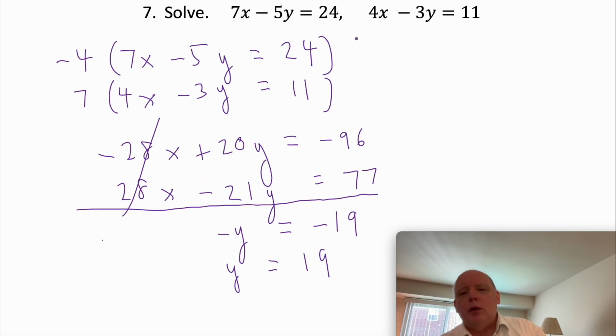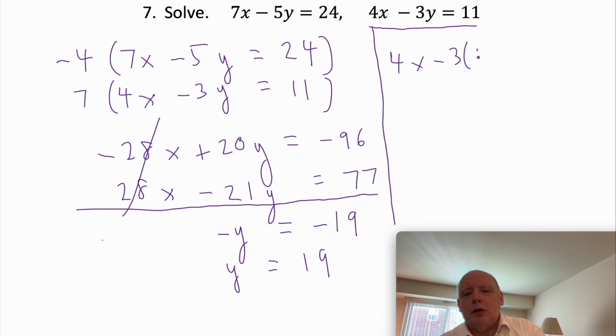So now to find what x is, we can just substitute y in either of these 2 equations. So let's just use this one. And so we'll get 4x, so we're going to plug in 19 for y. Minus 3 times 19 is equal to 11. And then we'll solve this for x. 4x minus 57 is equal to 11.